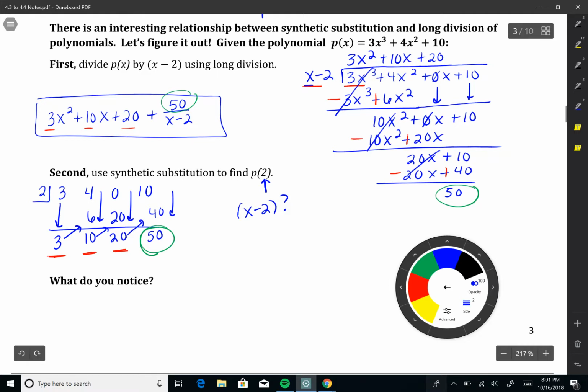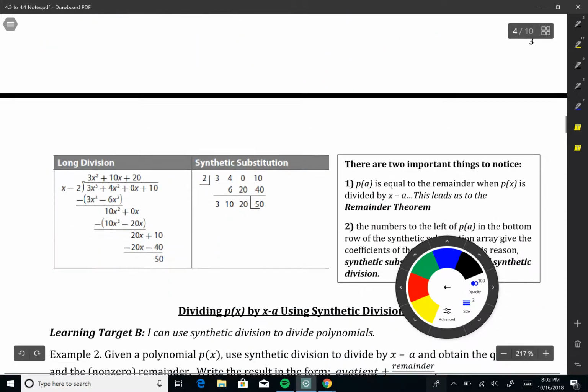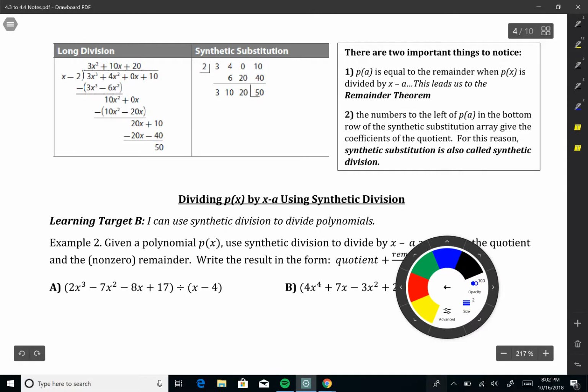Or just take the opposite sign. So x minus 2, if I wanted to do synthetic substitution, I plug in a positive 2. And then what happens when I do that, the first values give you your coefficients of your quotient, and the last number gives you your remainder, which is stated right here on the next page for us.